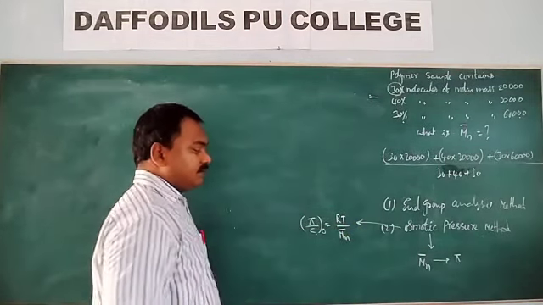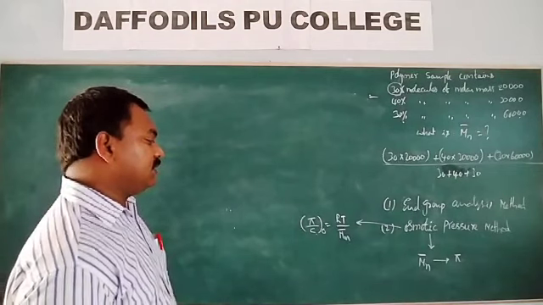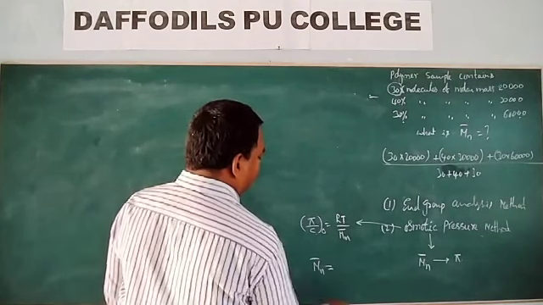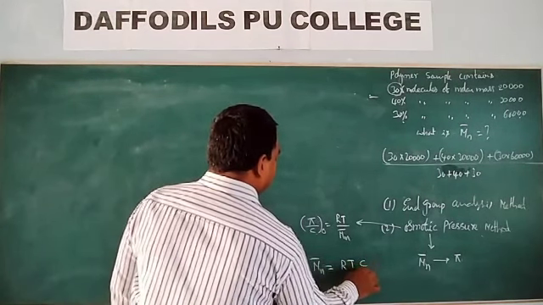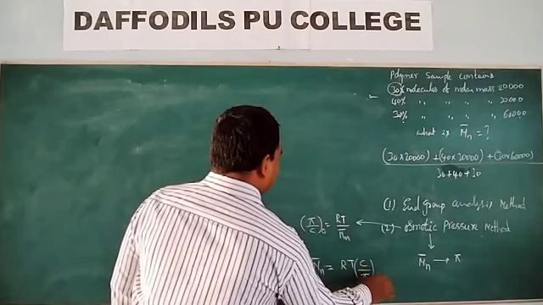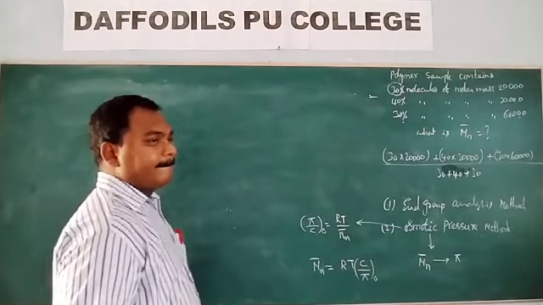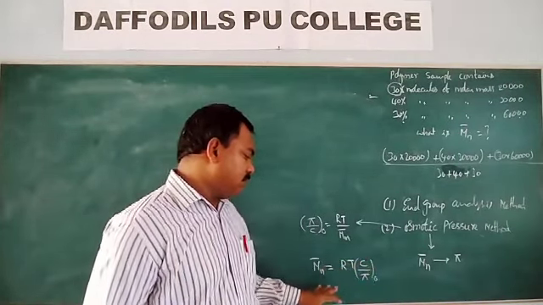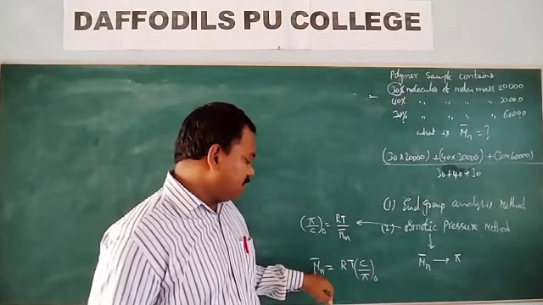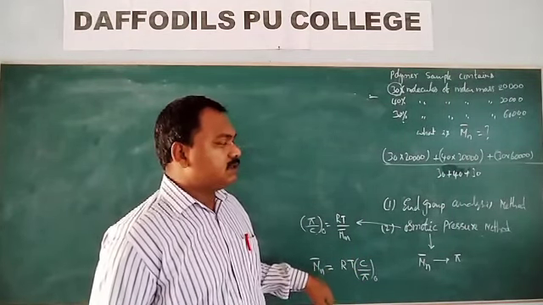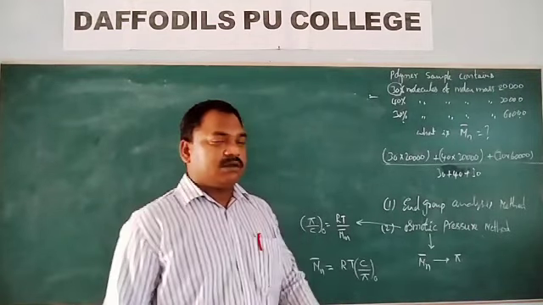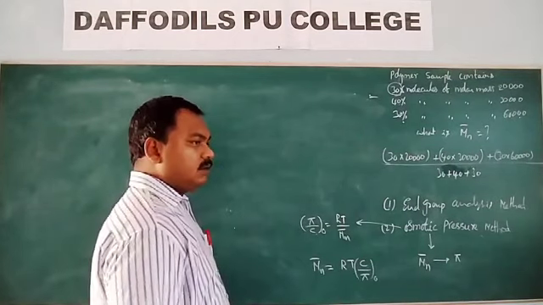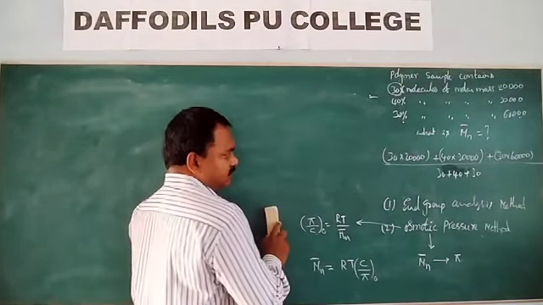So Mn bar is equal to RT C by phi. Based on this formula, after doing experiments, they calculate the number average molecular weight of the polymer. We don't have all these experiments, they simply gave a simple formula. That's it.